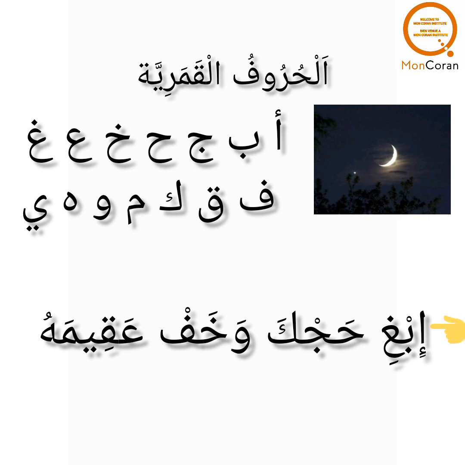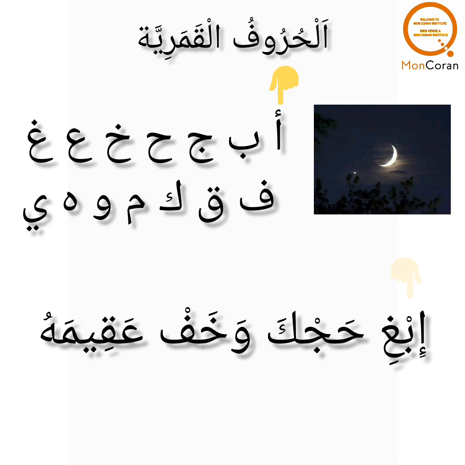So when we check these wordings that we've just mentioned, we will notice that each of the wordings consists of the Qamariya letters, one by one, all the way to the last one, which counts the 14th letter of it. So let's start with the first word, which is Ibgi. If we look at this, it starts with Hamza, and then Ba, and then Ghain. They are all part of the Qamariya, the moon letters. And the second wording is Hajjaka, which consists of Ha, Jim, and Kaf.